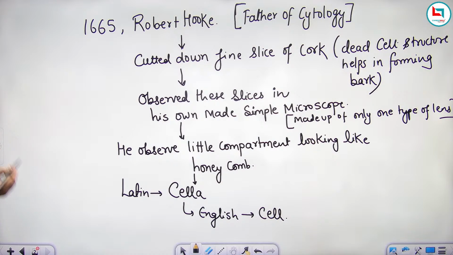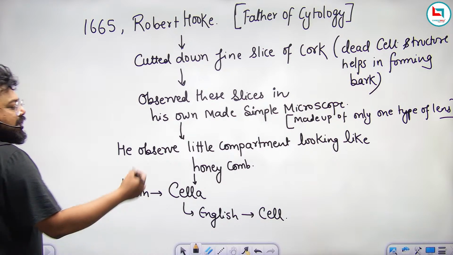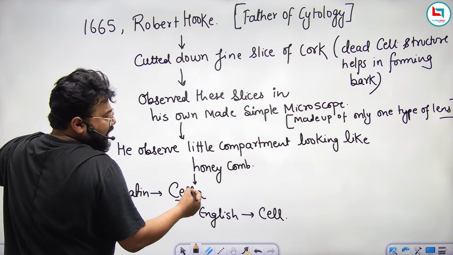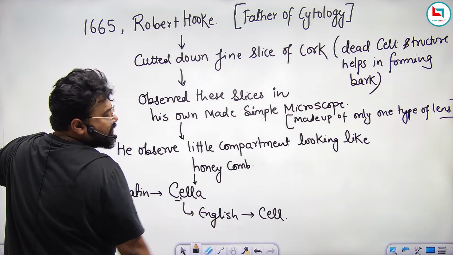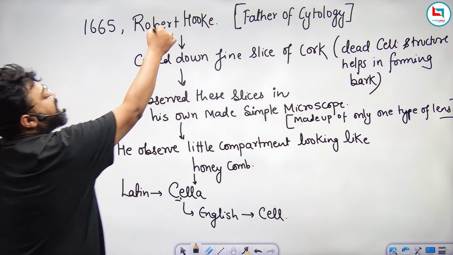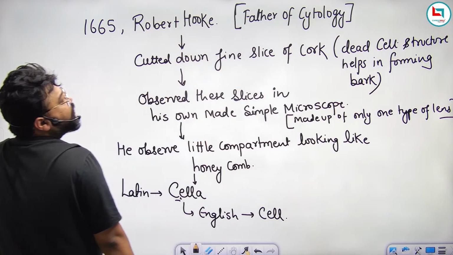What he observed was little compartments or little room-like structures or honeycomb-like structures. In the Latin language, honeycomb-like structures are termed cella, and from cella we converted it into the English word cell, which is the basic unit of life. So Robert Hooke is said to be the father of cytology.